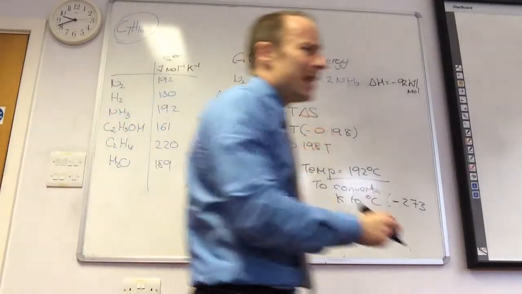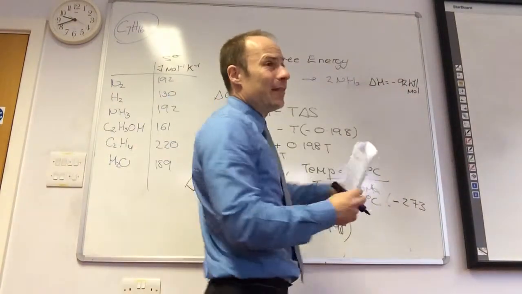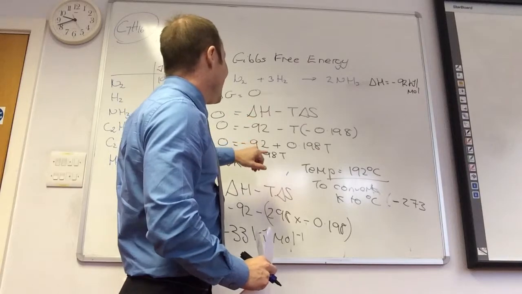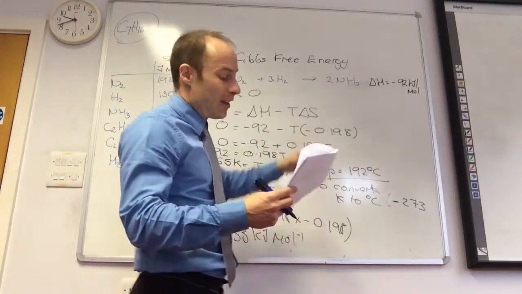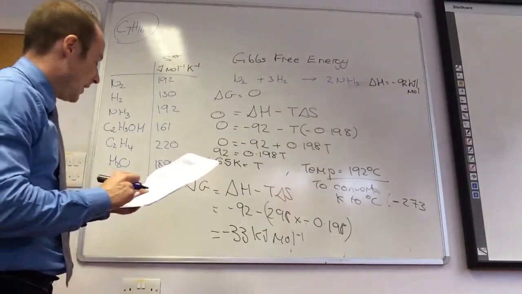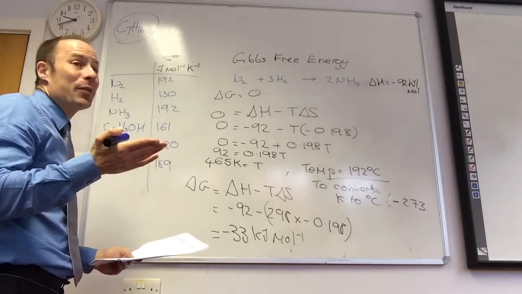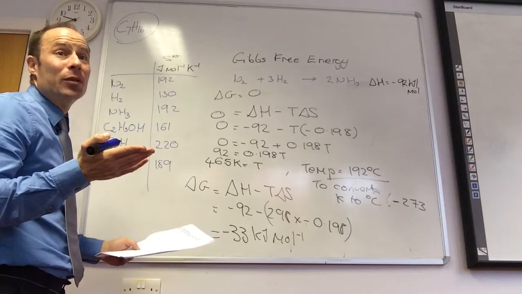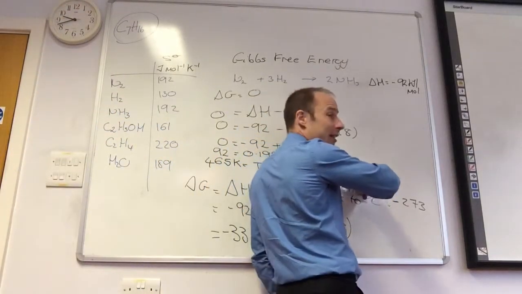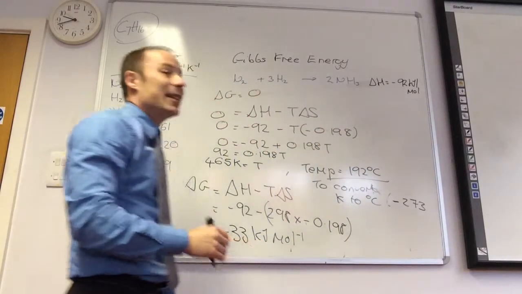If we go back to the table that we did last time, I have a negative delta H and a negative delta S. That means that as I increase the temperature, it becomes unfeasible at a high temperature. So above 192 degrees C, it becomes unfeasible. Below 192 degrees C, it is feasible.